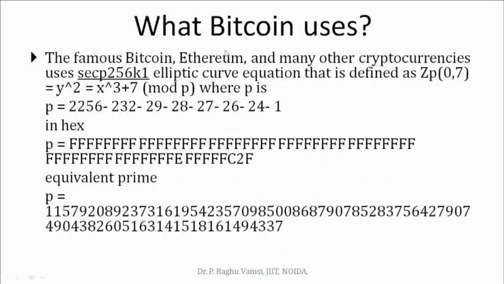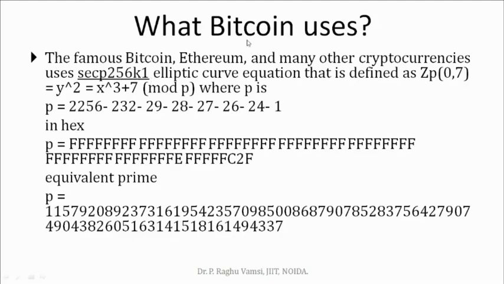First of all, we'll see what Bitcoin uses. In the case of Bitcoin, it uses the secp256k1 curve. The secp256k1 curve is a standard curve specified by the Standards for Efficient Cryptography Group. That group has specified the P192 curve and the secp256k1 curve.